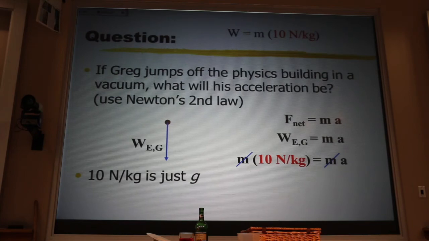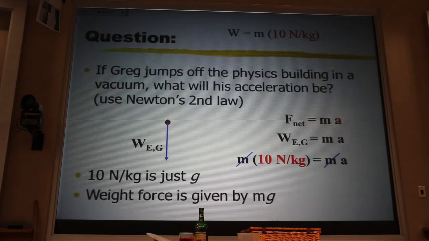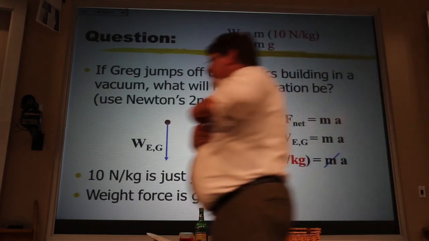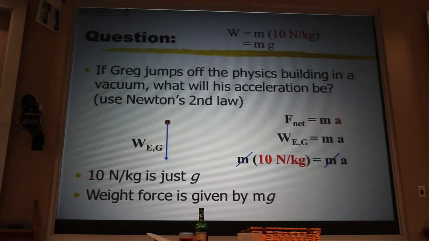Now, sometimes we call it the gravitational acceleration. Sometimes we call it the gravitational field strength. When we're worried about how hard the Earth is pulling on something, we call it the gravitational field strength, and we say the weight is just m times g. Now let me show you that the units work out just fine.